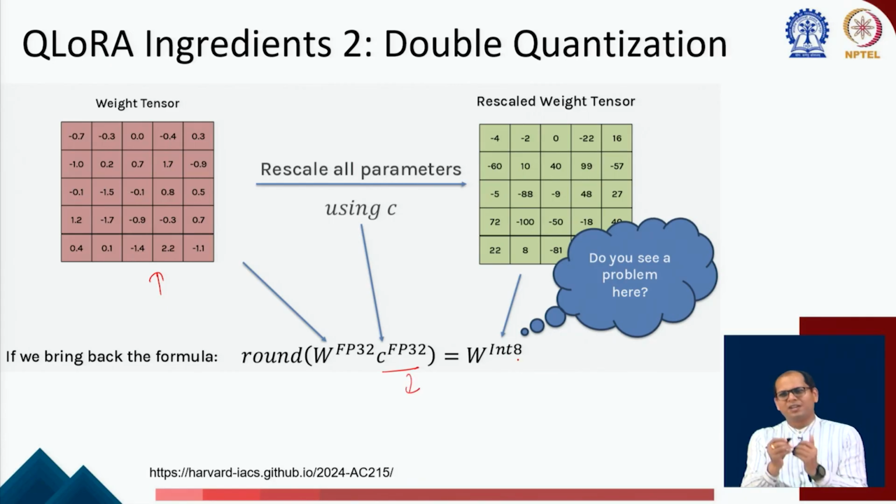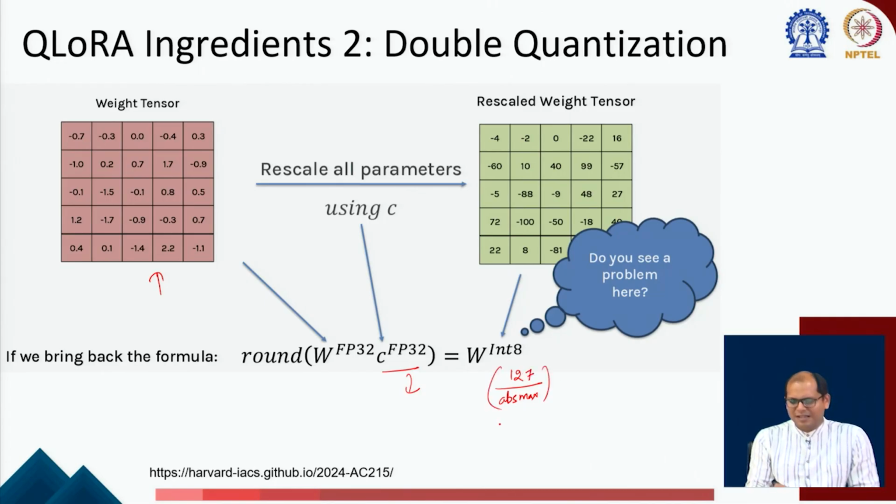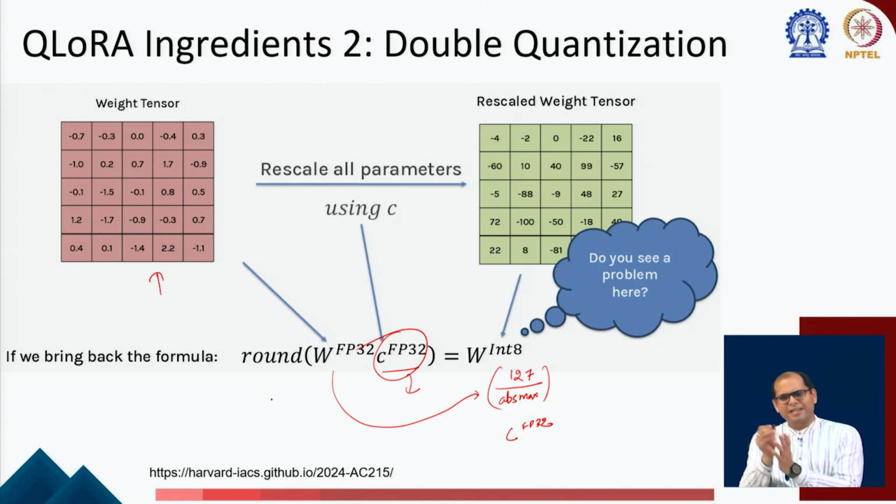If you want to convert these weights to int8 integers, I'll take the absmax here and say 127 divided by absmax, and then I will multiply the weight with this constant. So this is my constant, C FP32. I rescale all the parameters using this particular constant, and I get the corresponding integer after rounding. So I go from here to here.